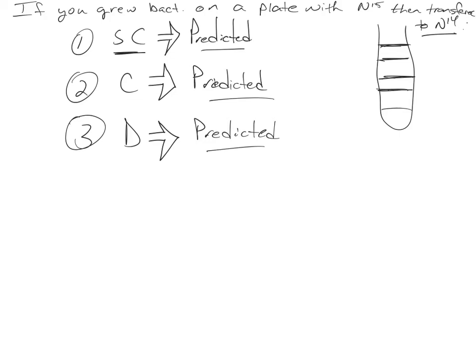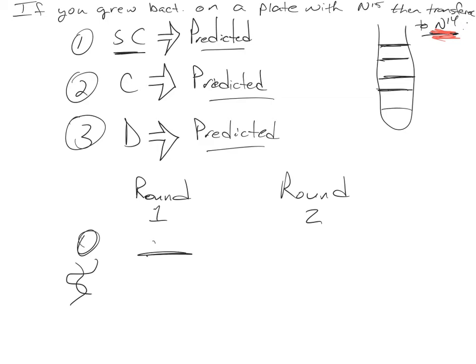All right? So there's these density things, and if you took that DNA, if you waited after one round of replication, and this is something that some people get confused about, and then round 2 of replication. Every time, these bacteria start off here with a certain chromosome that has a certain density, and after you transfer it to the nitrogen 14 plate, it goes through one round of replication.